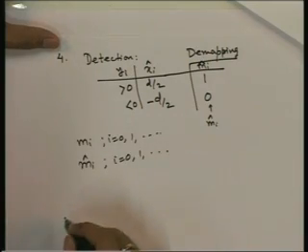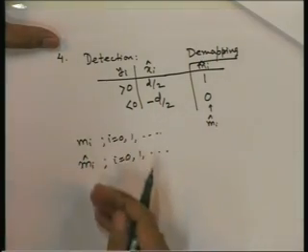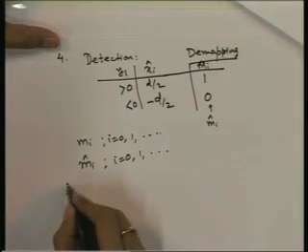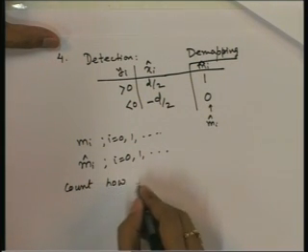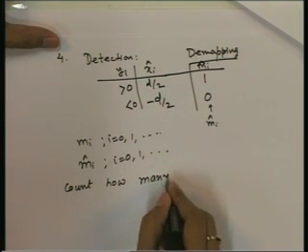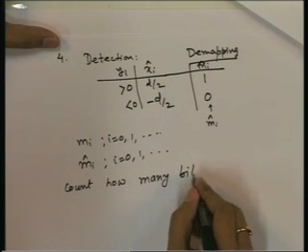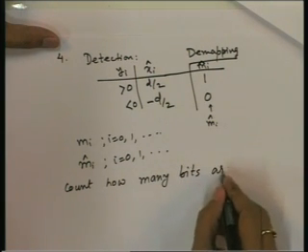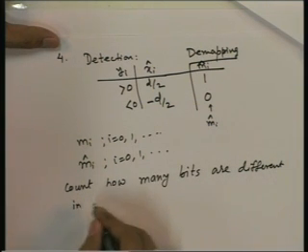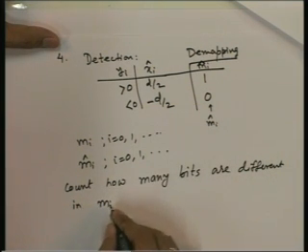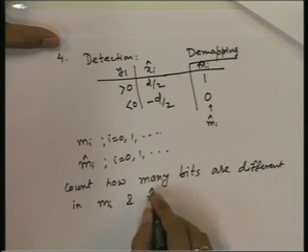See the difference between these two sequences, see how many bits are different in those two sequences. So, count how many bits are different in mi and mi hat.